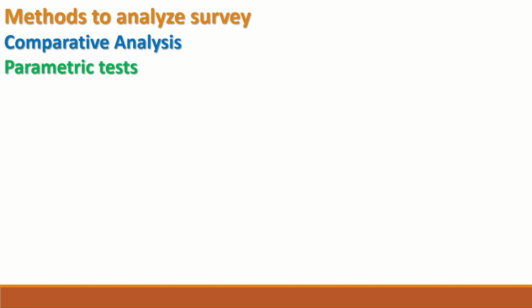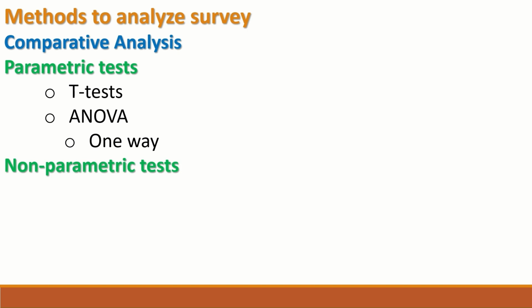between the groups. Comparative analysis can be performed depending on the data type, whether the data are parametric, normally distributed, or non-parametric. If the data are parametric, then t-test can be used for two groups. ANOVA can be used for three groups or more, three categories or more, such as one-way ANOVA.